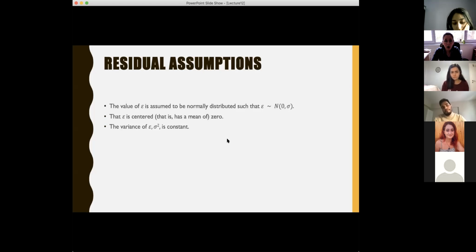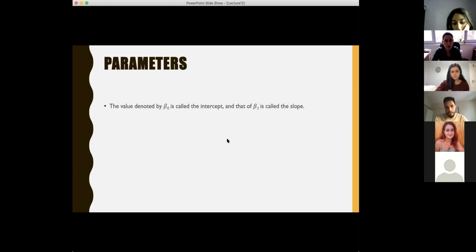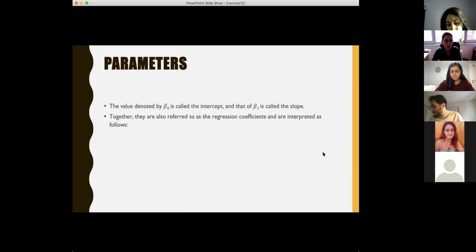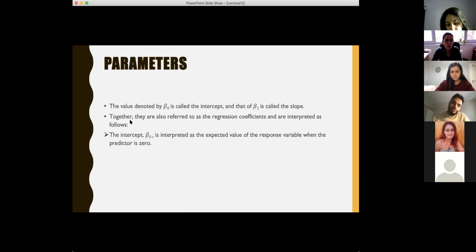And if we move to our parameters in here, maybe you know that your beta 0 is the intercept and beta 1 is the slope. Both of them are called regression coefficients. Did I say that? Yes. If you want to interpret your beta 0, this is the expected value of the response variable when the predictor is 0, okay?